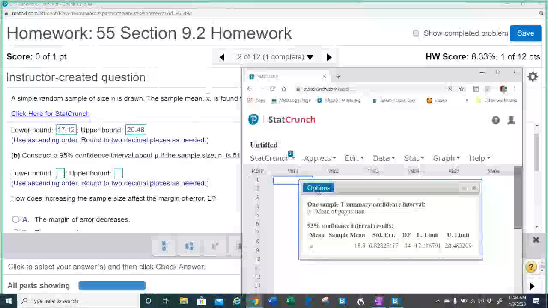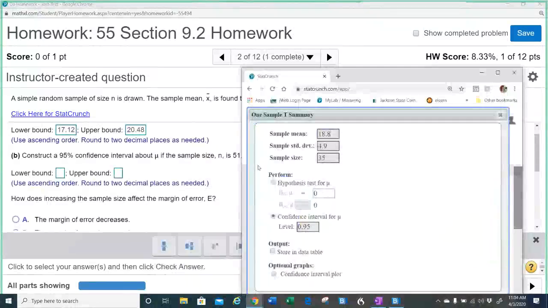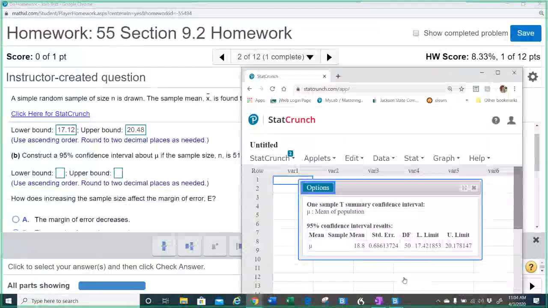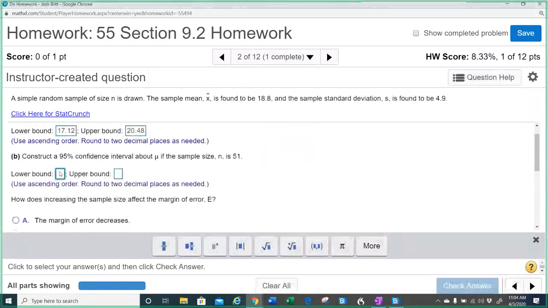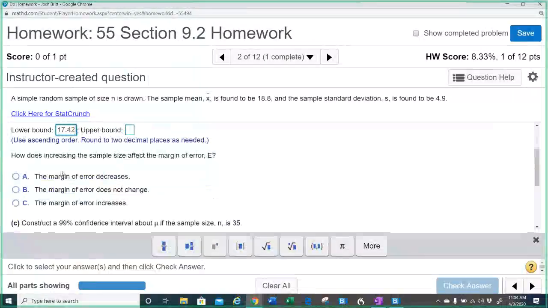All right, so now again, check your confidence level, 95. Mean and standard deviation stay the same, so we're going to go now to 51 sample size. And we're going to get 17.42 and 20.18.